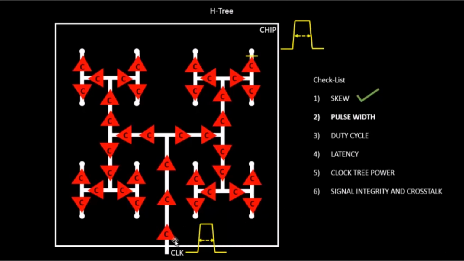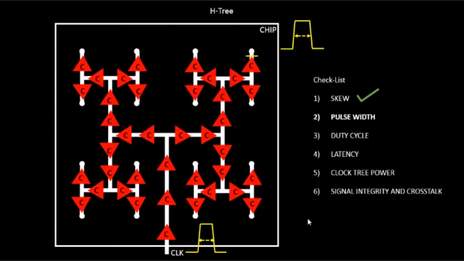For example, you can use a clock buffer which is even bigger in size than the previous one, which means even lower resistance. So the bottom NMOS transistor will have even lesser than R, and the PMOS will also be even lesser than R. It will be matching, but you use a clock buffer which is even bigger than what we saw in the previous case.